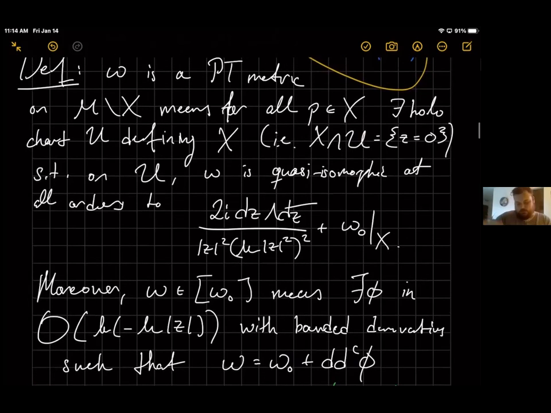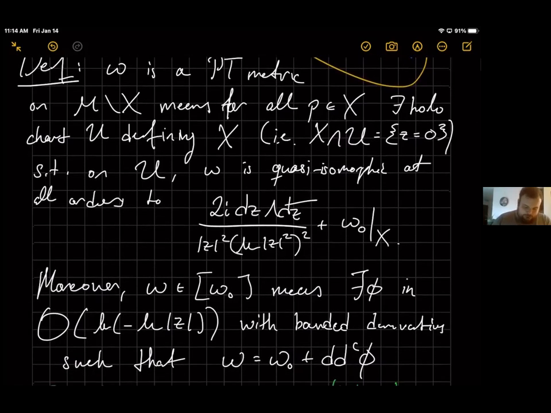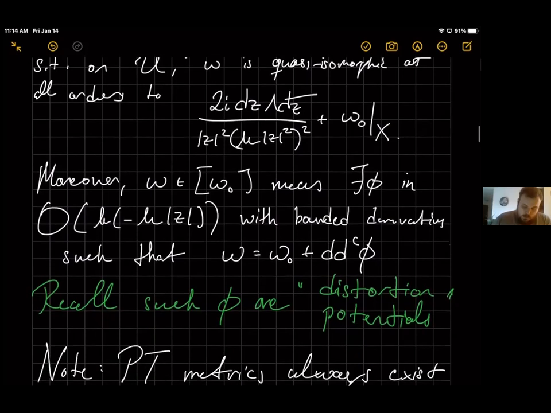So basically, we want things that look like something smooth plus ddc of this log polar coordinate, all within a certain error that we're comfortable with.